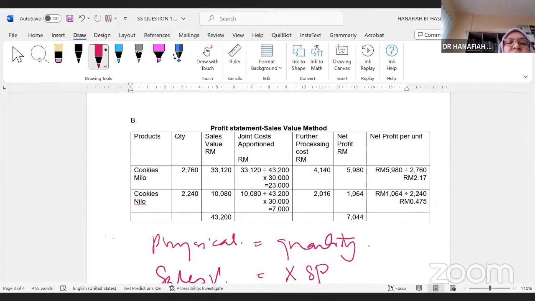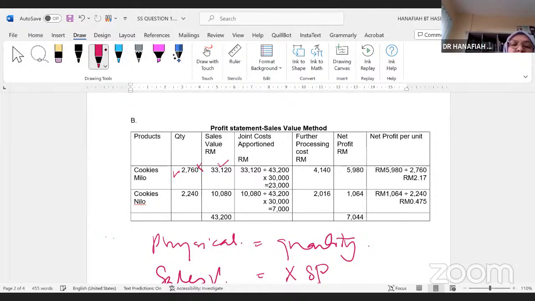Cookies, the quantity is 2,760. The sales value is 12 ringgit. You have 33,120.